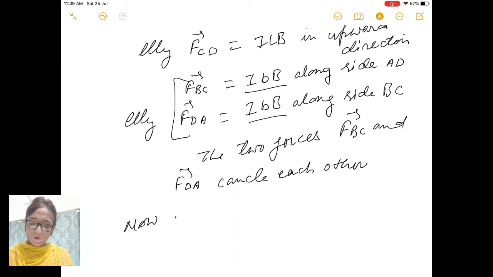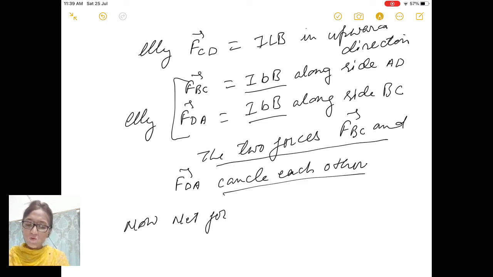Now net force. And one more thing, I had just told you previously that when any system is fixed along an axis, then it cannot rotate along that axis. So force is 0, torque also is 0.